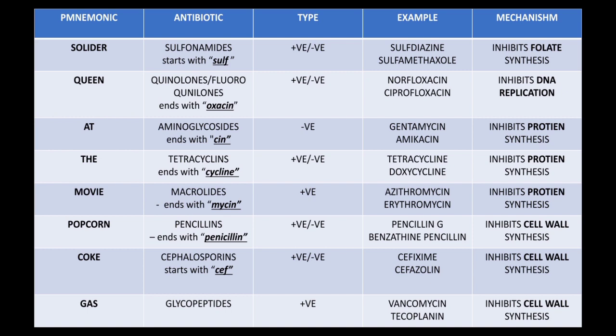Coming to tetracyclines, the drugs that end with cycline belong to tetracyclines. Examples: tetracycline, doxycycline, oxytetracycline and many more. Coming to macrolides, the word ends with mycin.